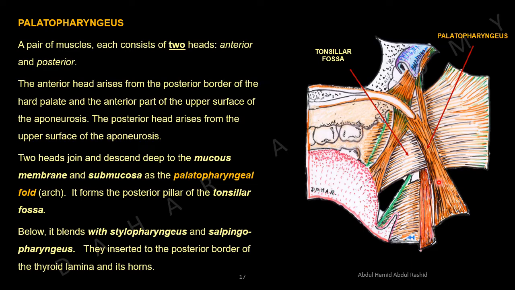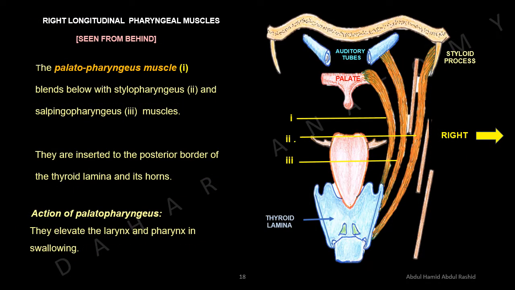I'm going to show you that in the next slide. This diagram is the right longitudinal pharyngeal muscles seen from behind. This is the right side, the palatopharyngeus muscle. This is the one coming from the palate, coming down behind the tonsillar fossa and blending with number 2, the stylopharyngeus muscle, and number 3, the salpingopharyngeus muscle.